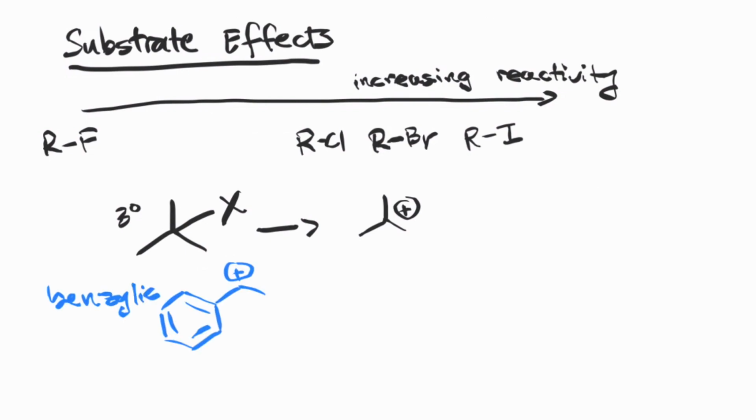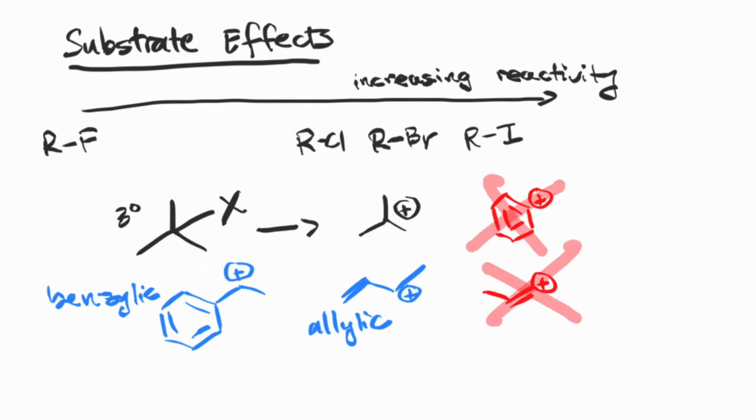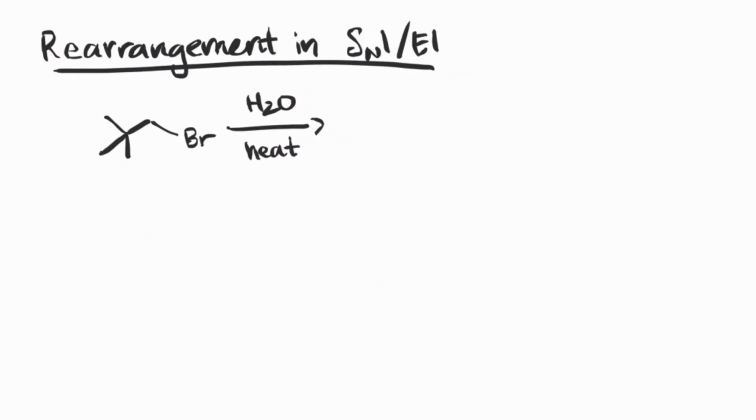For example, if you are in a benzylic position, the carbocation is stabilized by the resonance of that aromatic ring. Or if you transition through an allylic carbocation, again, there will be stabilization from the resonance of that pi system. However, make sure to never transition through a carbocation where the charge is on the sp2 hybridized centers. Actually, there's one curious exception to this rule.